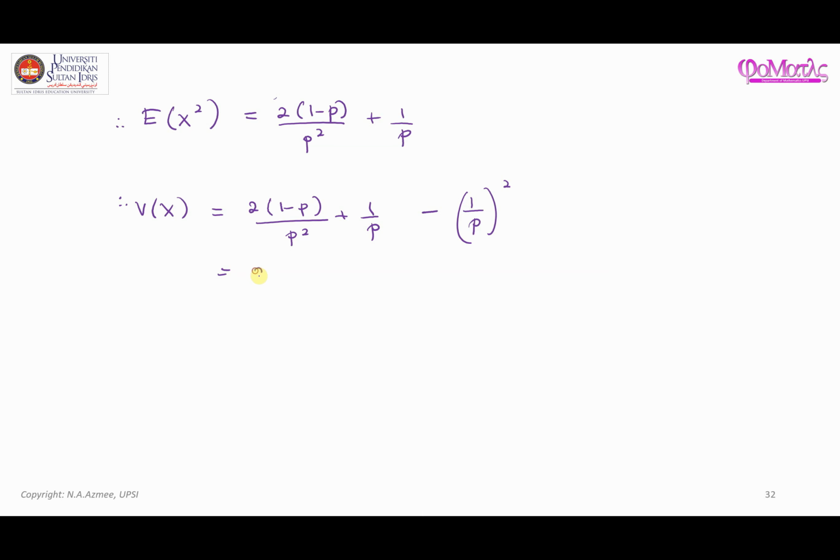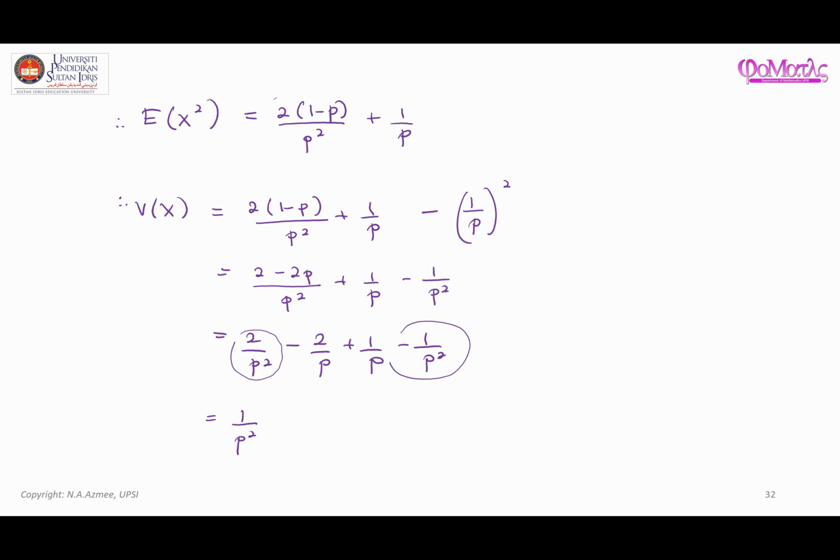So we have (2 minus 2p) over p squared plus 1 over p minus 1 over p squared. Next we have 2 over p squared minus 2 over p plus 1 over p minus 1 over p squared. So 2 over p squared minus 1 over p squared, the result is 1 over p squared. This one here, negative 2 over p plus 1 over p, is going to be negative 1 over p.